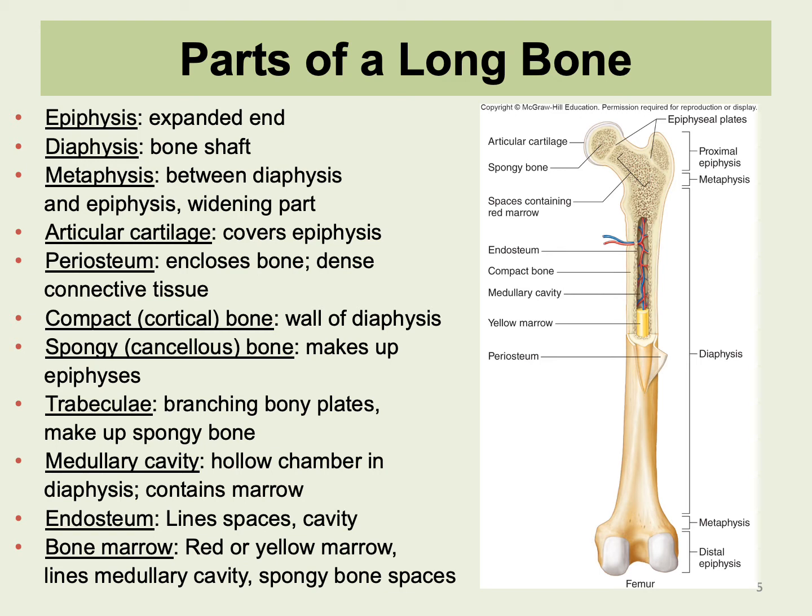Now, when we talk about the metaphysis, I said the metaphysis has hyaline cartilage. In newborns and young adults, we call them epiphyseal plates. As long as you have hyaline cartilage cells, the chondrocytes, there, that person can grow in length.